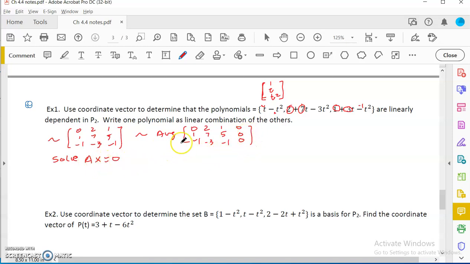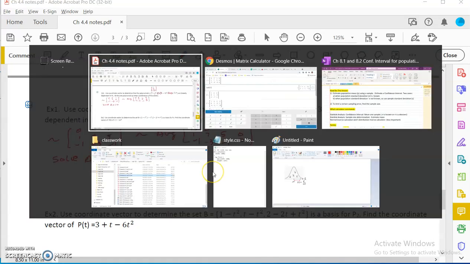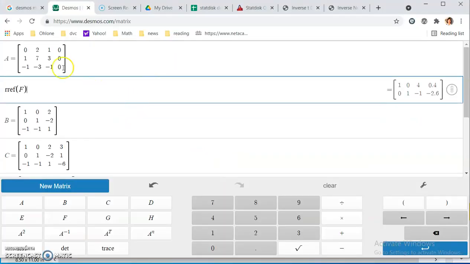So this is how we solve it, by doing an augmented matrix of 0, negative 1, 2, 7, negative 3, 1, 5, negative 1, 0, 0, 0. I have put it in here, the augmented matrix of solving Ax equals 0.